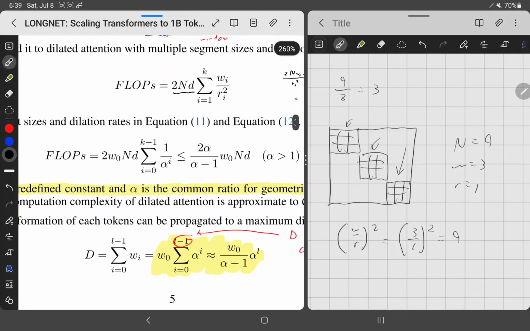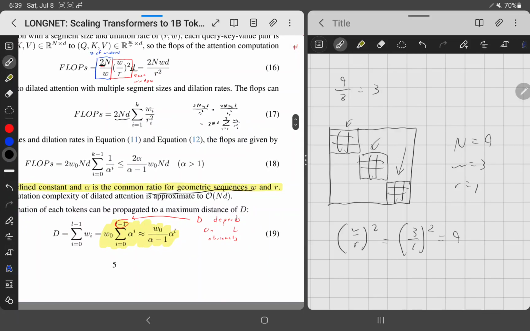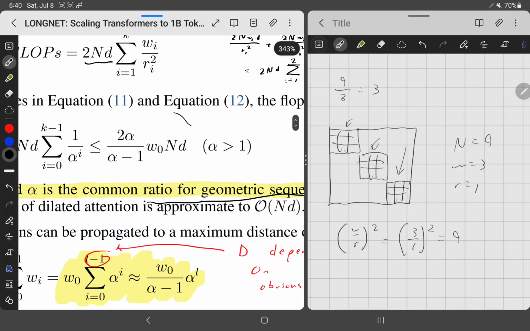And then they show that you result in this equation where alpha is the ratio for geometric sequences, w and r, and you get this term for the number of flops needed to compute your attention matrix. And this is linear.